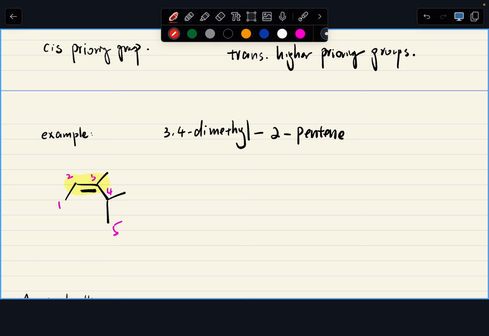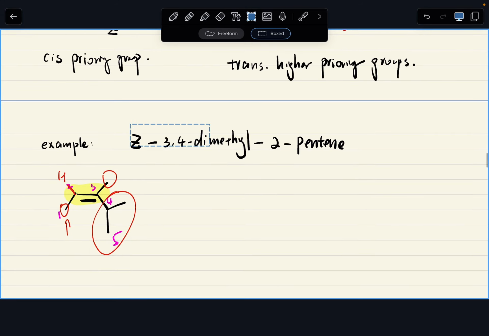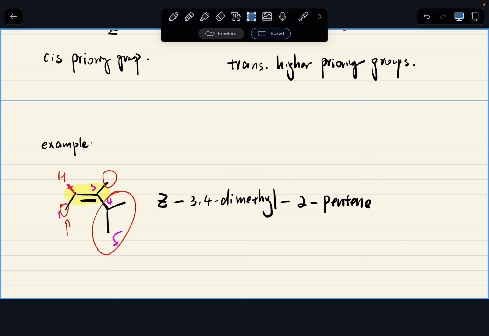Now thinking about this one, the methyl group relative to hydrogen is a higher priority group. And this isopropyl group relative to methyl is a higher priority group. So my 2 higher priority groups are cis to each other, or this is a Z-3,4-dimethyl-2-pentene.